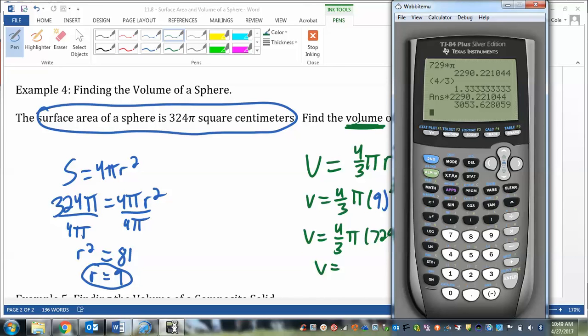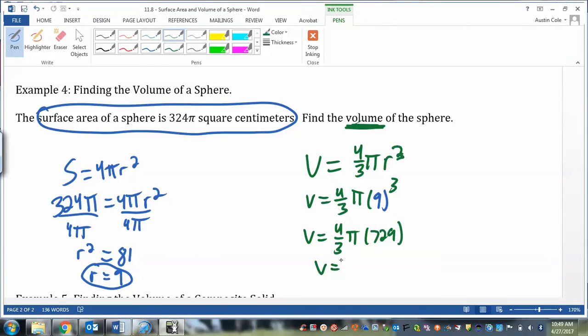Did you guys get 3053.63? So volume is 3053.63. And since it's volume, we're going to have centimeters cubed. All right, any questions on that one? Awesome.